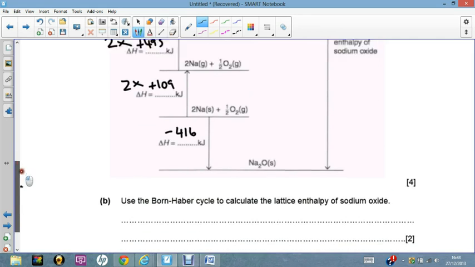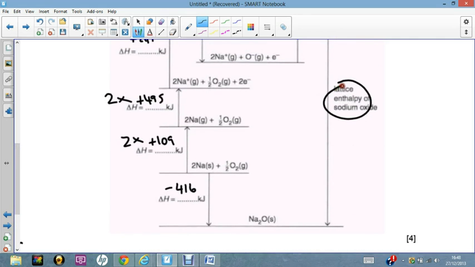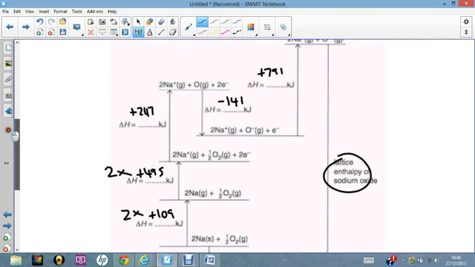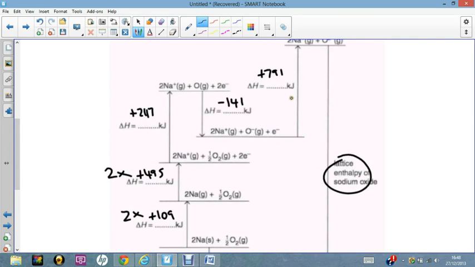Then we've got to calculate the lattice enthalpy, so this is the missing one. That arrow's pointing down, so we're going to go anti-clockwise. So come to this arrow, which we're going against, so we're going to have minus 791. We're going against that arrow, so we're going to change the sign to plus 141. Going against this arrow, so it will be minus 247.